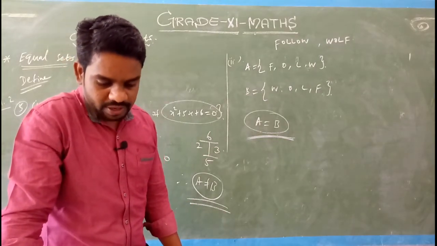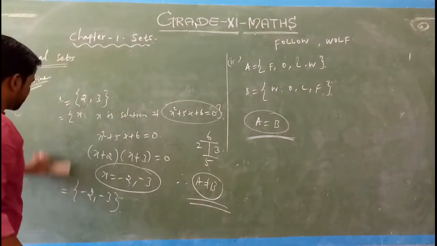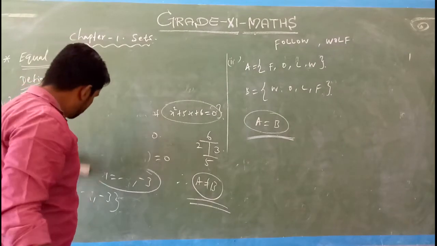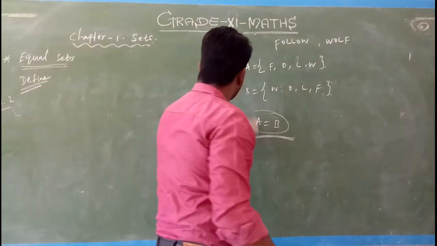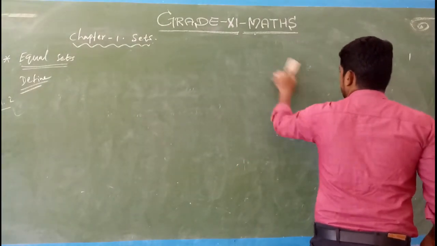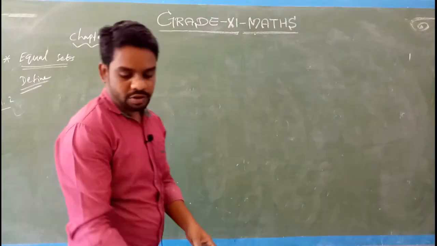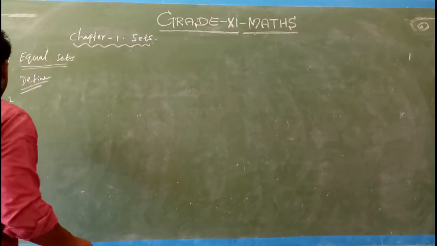So that question is over. Next, question number 6. Listen students, question number 6. From the sets given below, select equal sets.